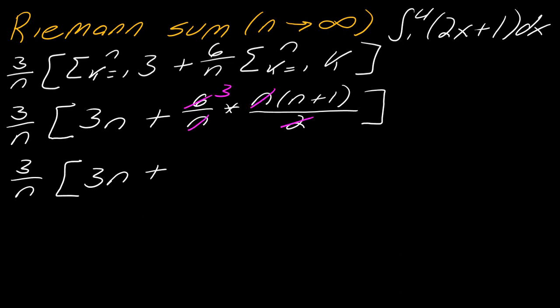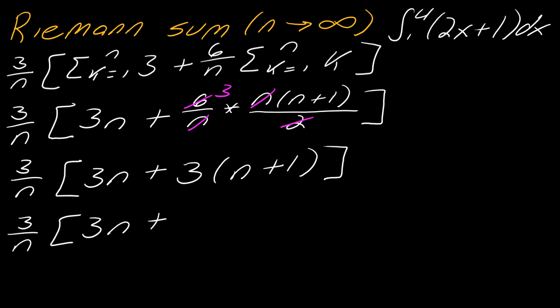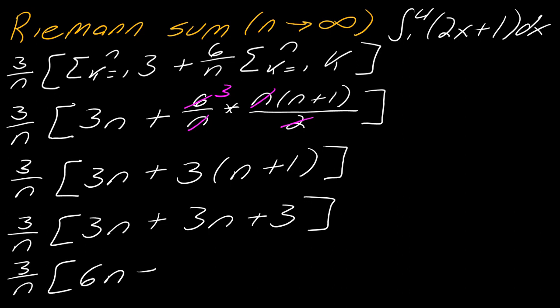This 2 will cancel with this 6 to become a 3. So actually this works out pretty nicely. This just becomes 3 times n plus 1. Okie dokie. And so now I'm going to have 3 over n times 3n plus 3n plus 3. So then I get 3 over n and then 6n plus 3.